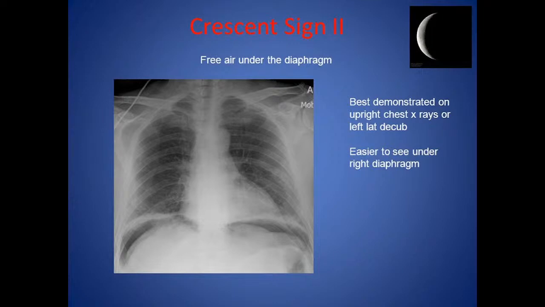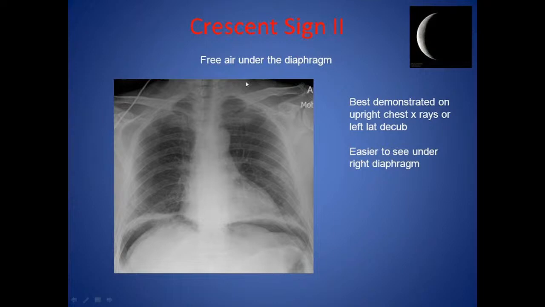Students, commonly on the X-ray you can see a sign called the crescent sign. What is it? The crescent sign is when we can see on X-ray free air under the diaphragm.